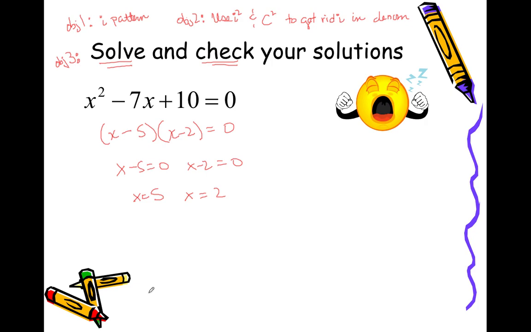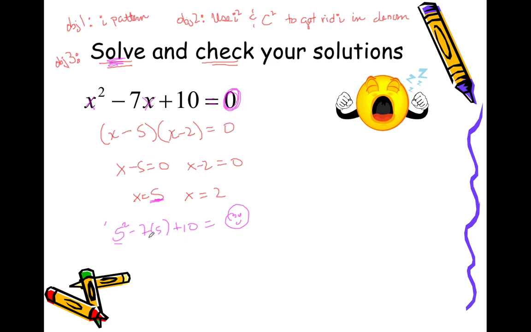Okay, anyway. All right, so I will check my answer because you made me. So let me check 5 first. 5, I'm going to replace for x, right? 5 squared minus 7 times 5 plus 10. Best equal what? You solved an equation that equals 0.